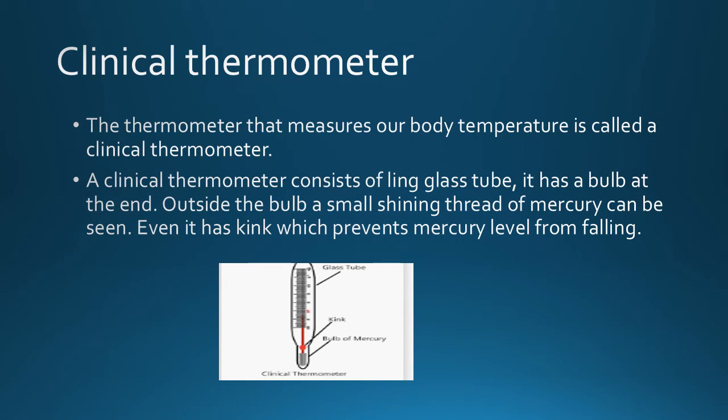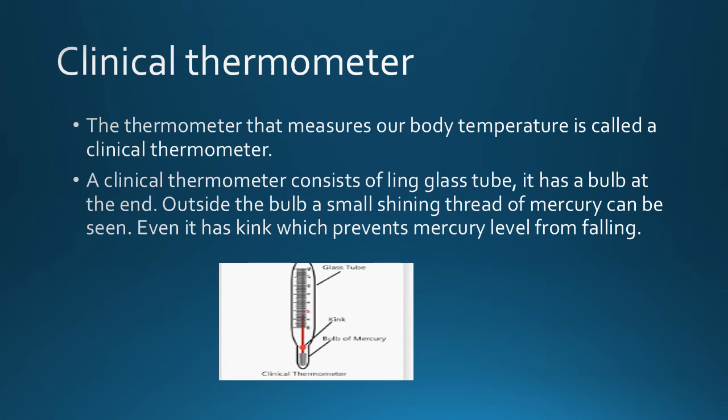Then we have known what a laboratory thermometer is. Now we will learn about clinical thermometers. The thermometer that is used on our body to measure body temperature is called a clinical thermometer. It consists of a long glass tube. It has a bulb at the end.